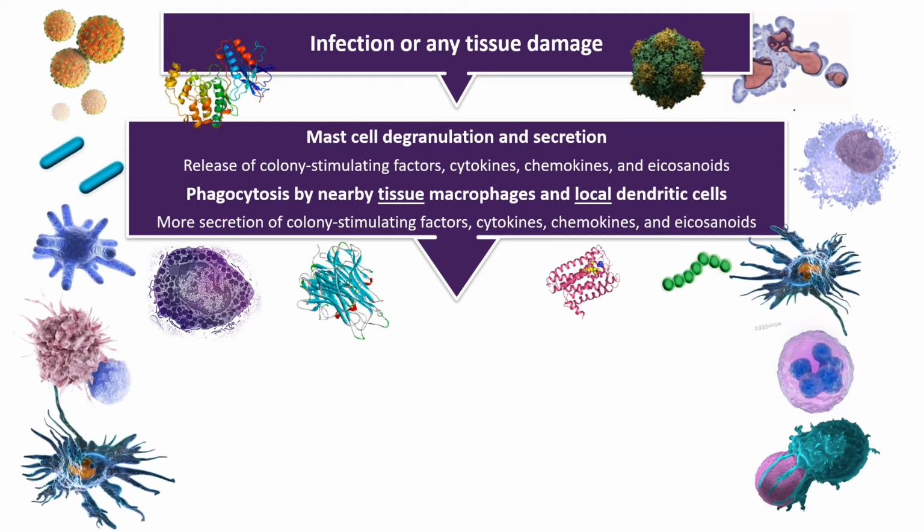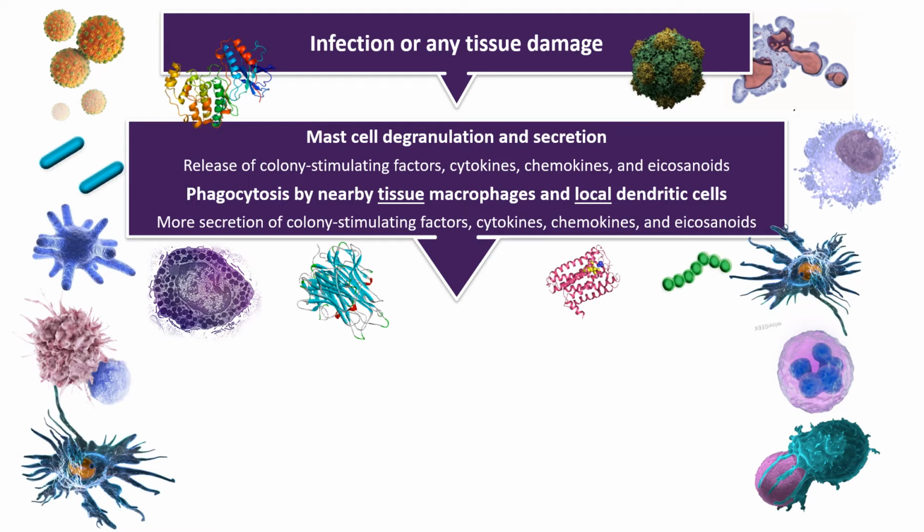We also, if you remember when we talked about macrophages just now, we talked about tissue macrophages. These are macrophages sitting in the tissues waiting for a problem. So they start phagocytosing any immediate problem, any immediate threat, whether it be dead tissue, whether it be a pathogen. We also may have local dendritic cells doing the same.